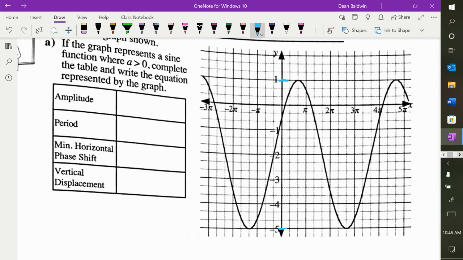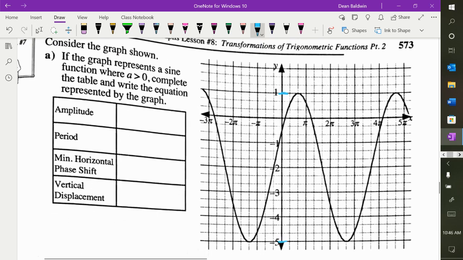So what's the formula for A, or amplitude? Max minus min over 2. What's my max? What's my min? Over 2, which gives me 3. So your A value is 3. We got 1 mark.